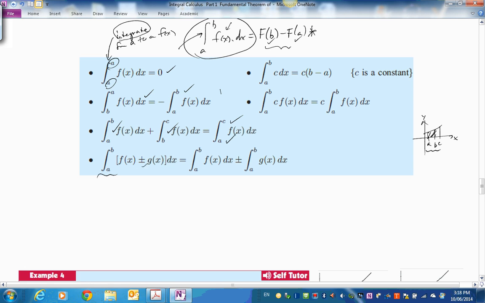And what if you're adding or subtracting 2 functions? Well, if you're going from A to B of f of x, and adding A to B of g of x, you can do the 2 separately. You could actually try to prove this by writing the fundamental theorem out for each one and simplifying. I think Hayes and Harris down below here have got a couple where you're asked to do that.